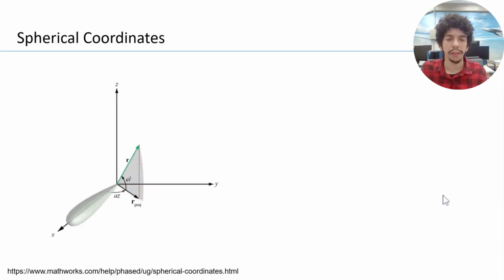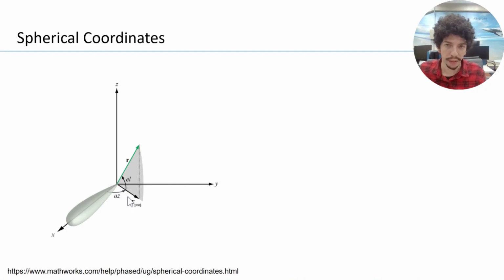Okay, and finally spherical coordinates. In this figure, we have azimuth and elevation. From the combination of these two angles, we have a vector and find this point. Azimuth is measured from the axis x and covers this plane.